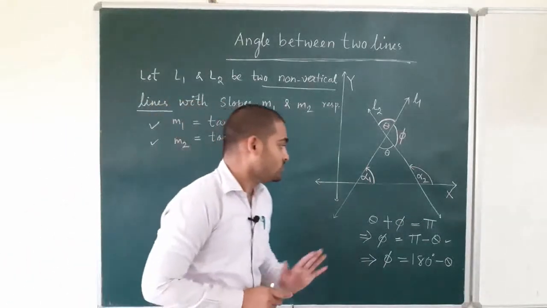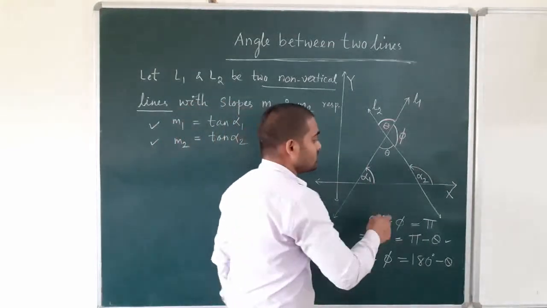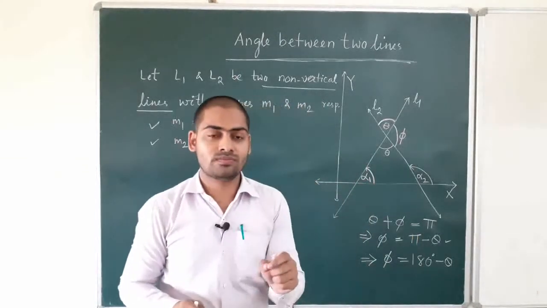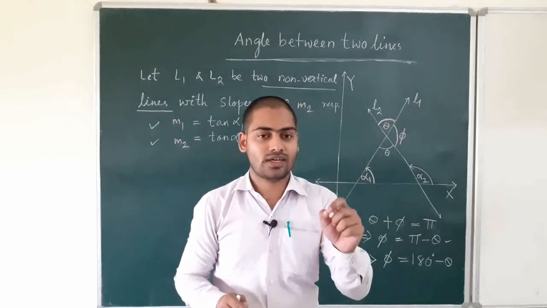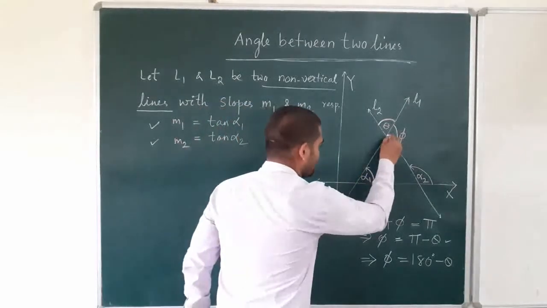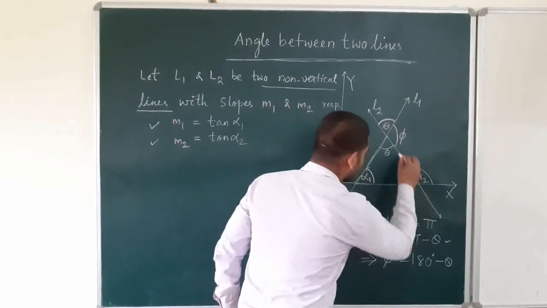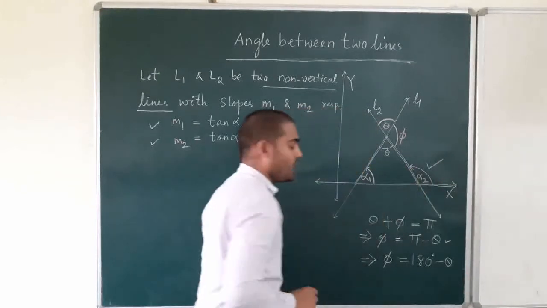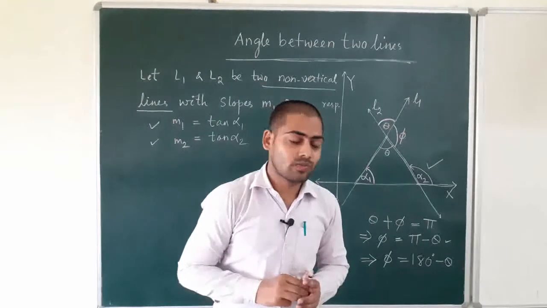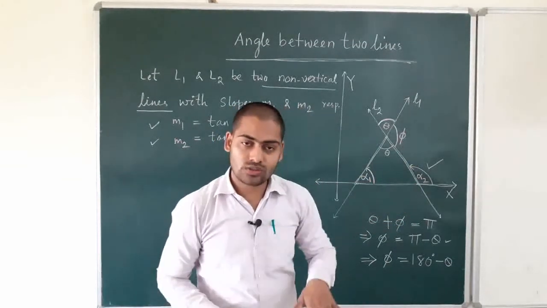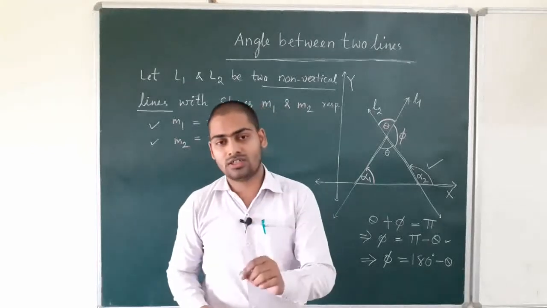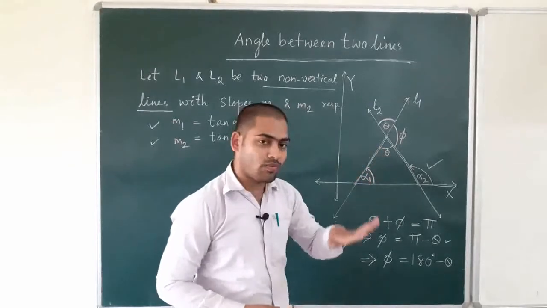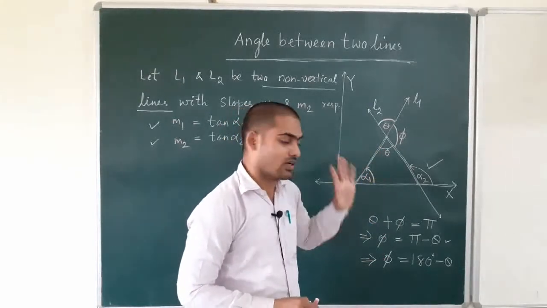Now, you know that an exterior angle is equal to the sum of the interior opposite angles. Here in this triangle, this angle is an exterior angle, so alpha 2 is equal to the sum of the interior opposite angles, which are alpha 1 and theta.